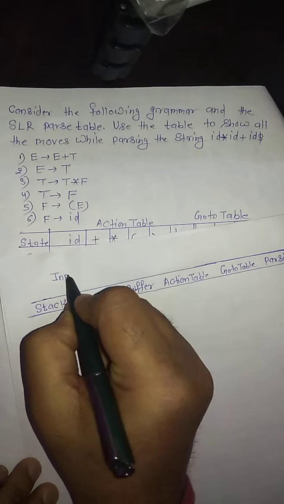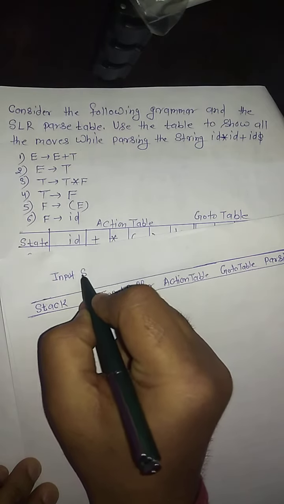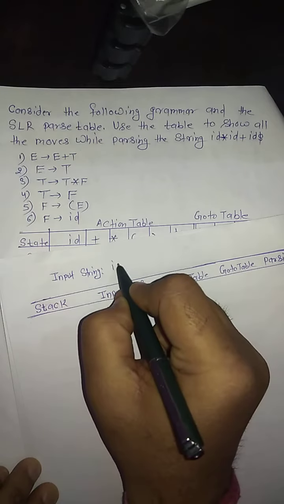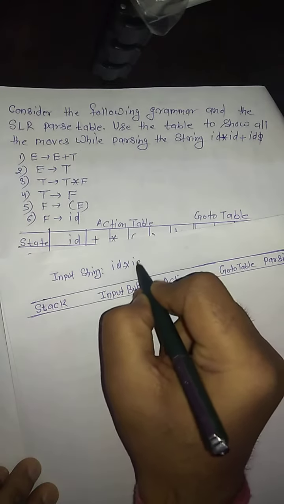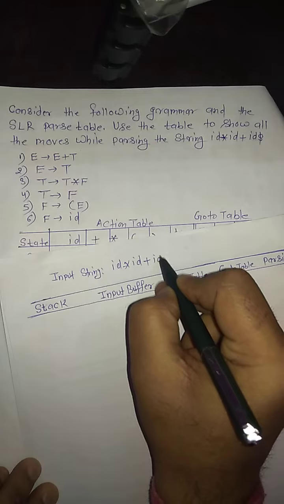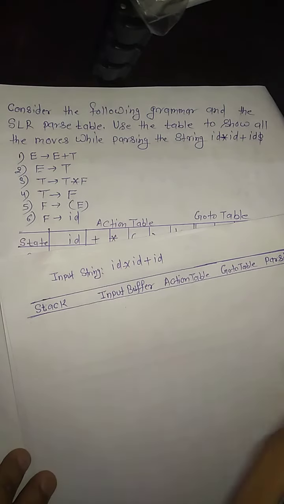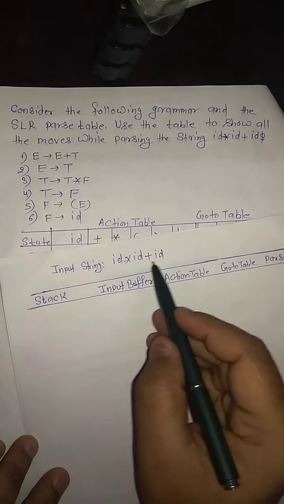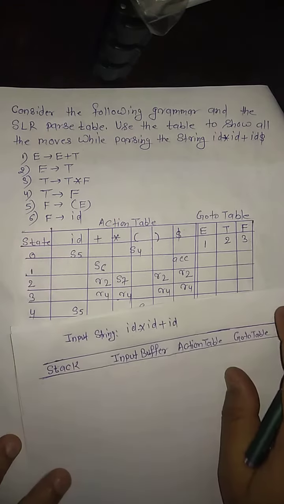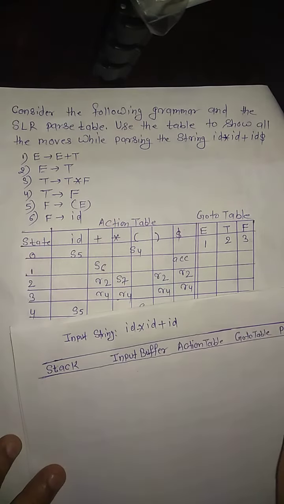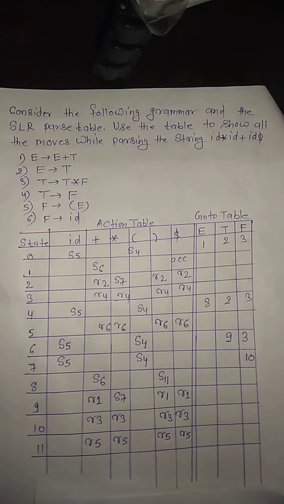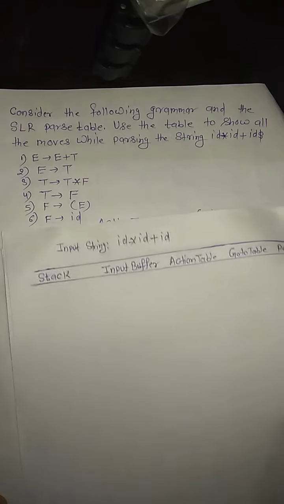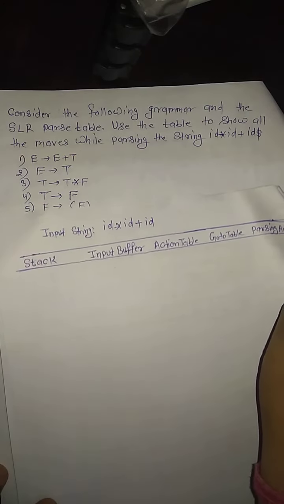The input string is ID star ID plus ID. So we have to parse the given string with the help of the SLR parsing table. You can see here, this is the SLR parsing table. So now we start the parsing.